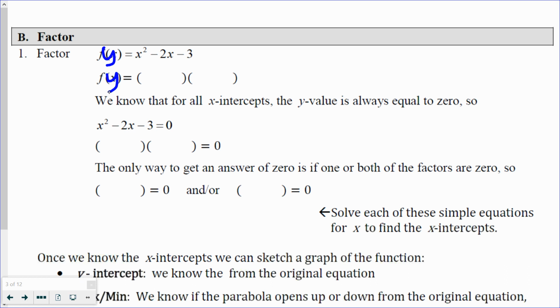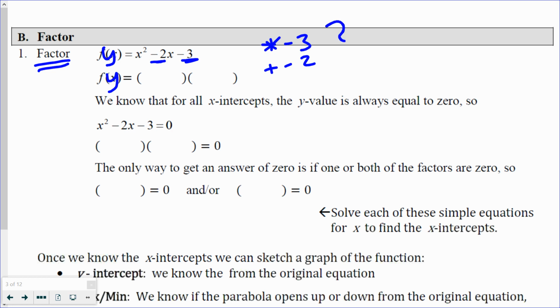So if we want to factor it, make it into a product of two binomials, this is what we mean by factoring. By inspection, we're looking for two numbers that multiply to be equal to -3 and add to be equal to -2. So multiply to be equal to our C value, add to be equal to our B value.